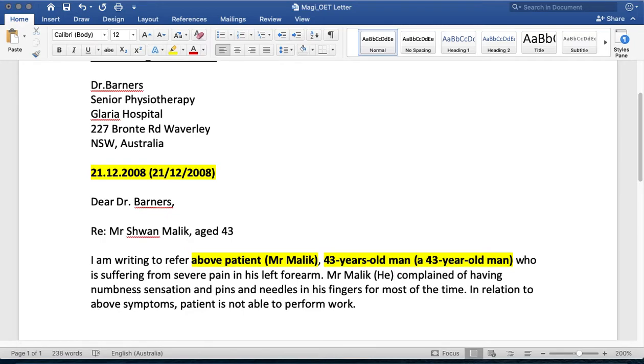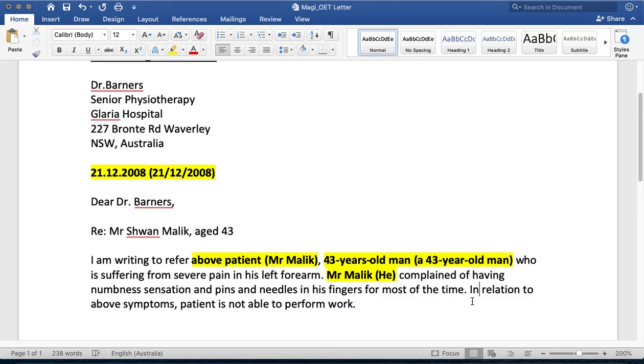Say, for example, if it is a male, then you can use he. If it is a female, then you can use she. All right. So I'm replacing Mr. Malik with he. So that's the mistake she has committed here. All right. So he complained of having numbness sensation and pins and needles in his fingers for most of the time. So this is all good.